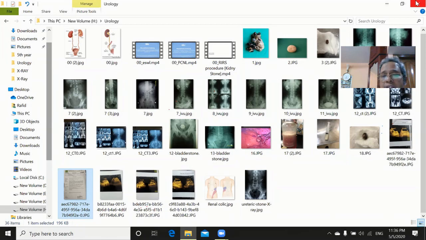Another important thing is, in the urinary tract, the common investigations start from the urine. Urinary tract investigation starts not from the blood, but from the urine. That is urine routine and microscopic examination, and everybody must read those reports.